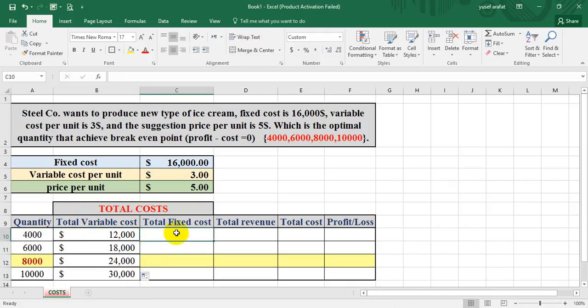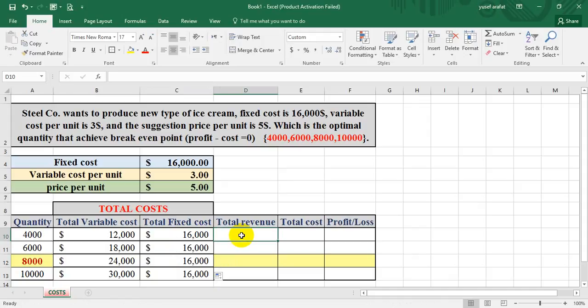Total fixed costs are fixed for all quantities. So the first is $16,000, and the second, third and fourth are the same as the first.